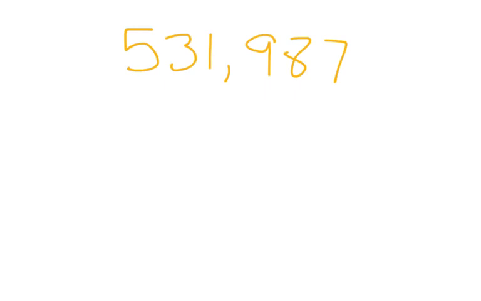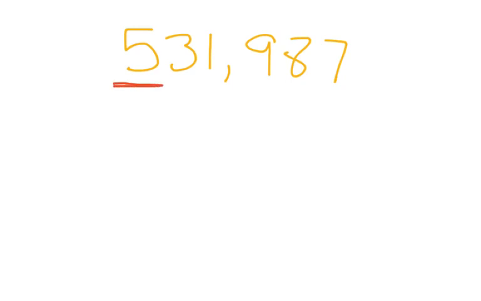We got this. Let's look at the number 531,987. Let's try rounding this guy to the nearest 100,000. All right, can you guys go ahead and underline the number in the 100,000s place value column for me? Let's see what you guys did.